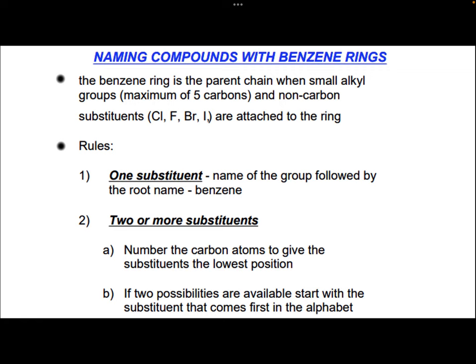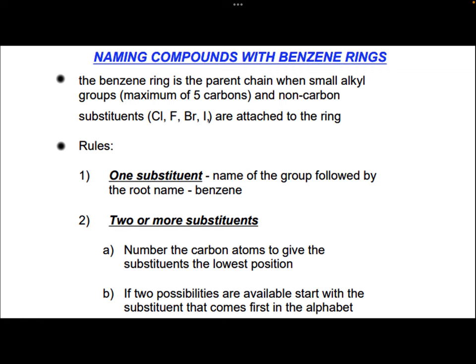So when naming compounds with benzene rings, we have to follow certain rules. The benzene ring is the parent chain, where our small alkyl group, which is a maximum of 5 carbons, and a non-carbon substituent, which is chlorine, fluorine, bromine, or iodine, are attached to the ring. The rules are as follows. We look for one substituent, and if there's one, then we name the group followed by the root name, benzene.